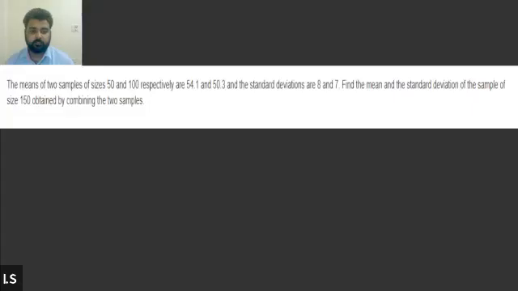Okay, just tell me what values you have put while calculating the combined standard deviation. Just a minute. Could you tell me the value of d1 square?